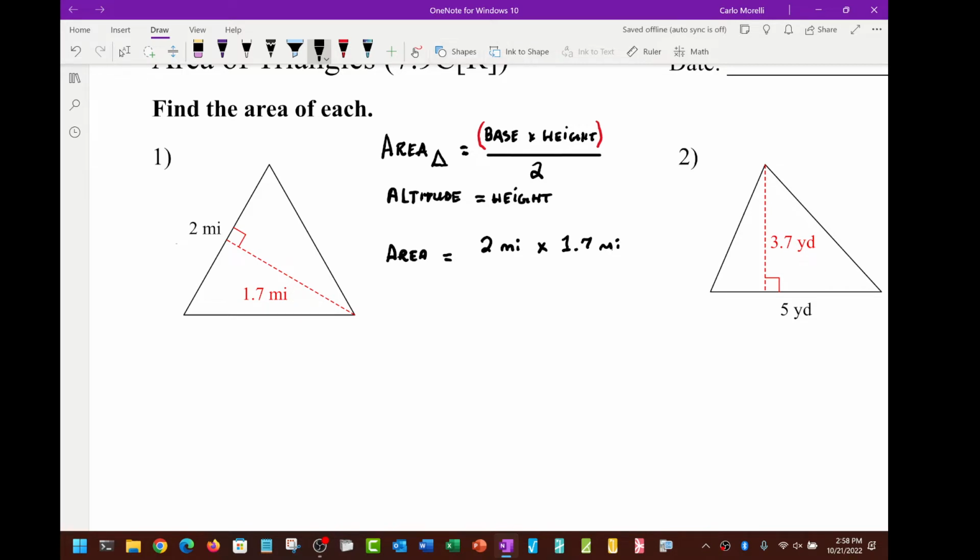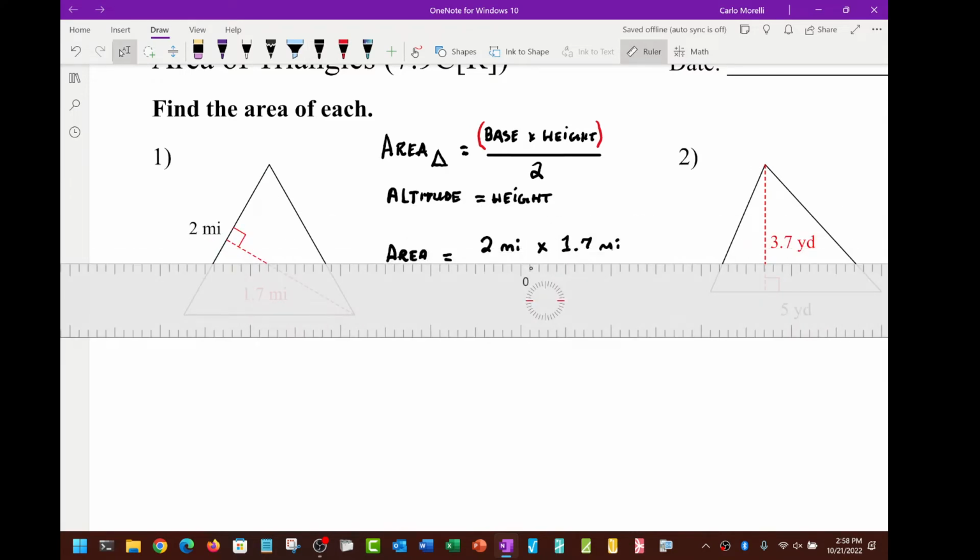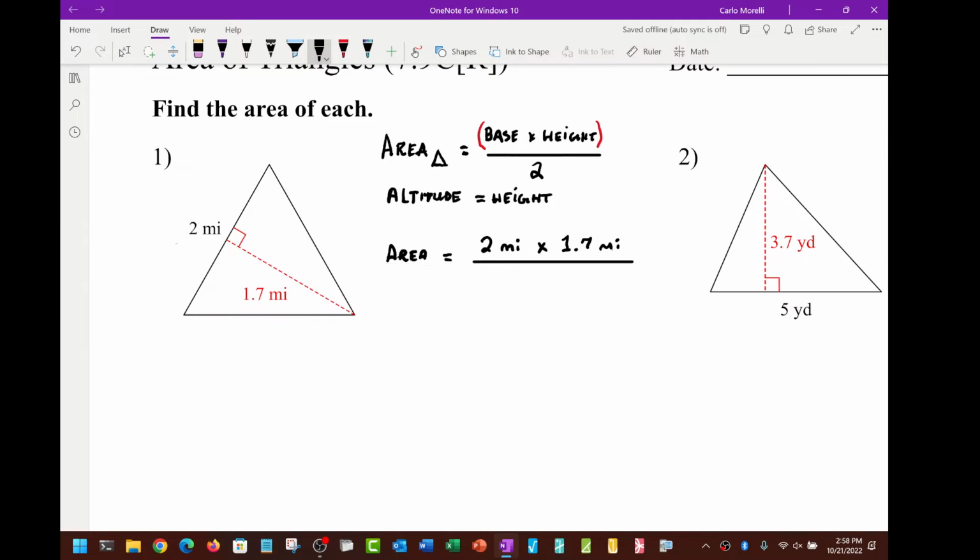So we're going to multiply those and then divide by 2. Now, in this problem, there's a cool cancellation that we can do. So we notice that we have a 2 in the numerator and the denominator. We can cancel those out.